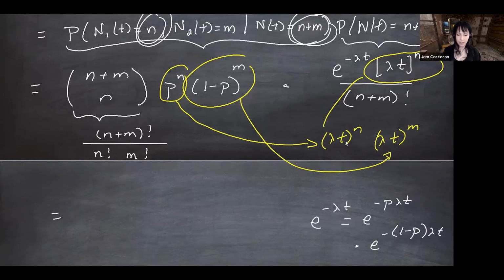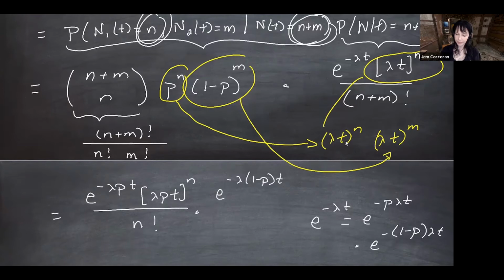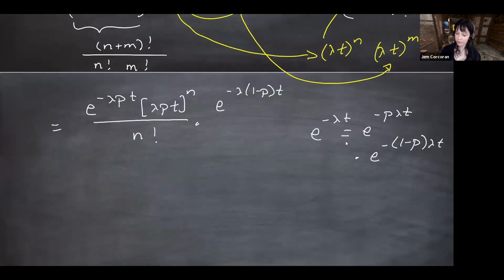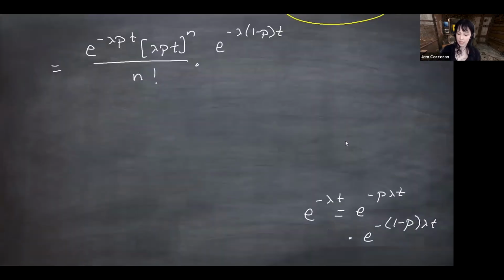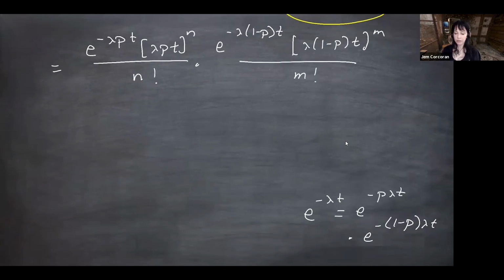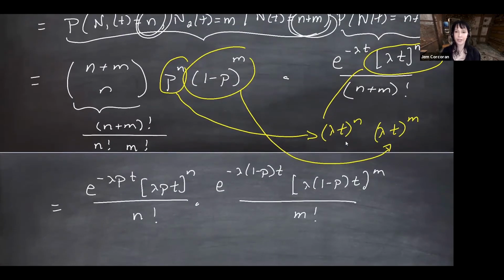And so I'm going to try to see the two different Poissons, and we'll get e to the minus lambda p t, times lambda p t to the n over n factorial, times e to the minus lambda 1 minus p t, times lambda 1 minus p t to the m over m factorial. All those pieces are actually up there.